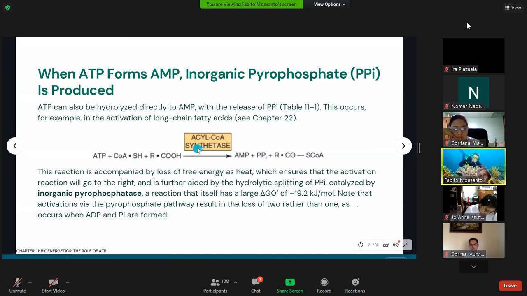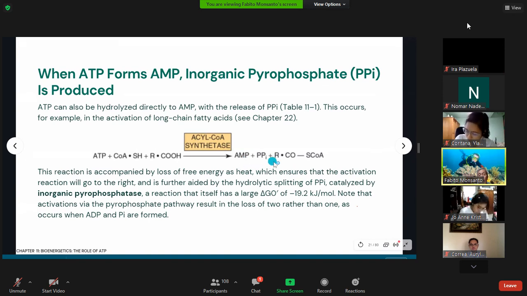So we have here acyl-CoA synthetase. The fatty acid is here with the coenzyme A attached to it. And what is spent? Two high energy phosphate bonds. Pyrophosphate is removed from ATP, so that ATP becomes just AMP.